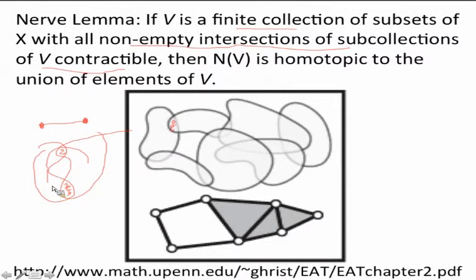So that object has very different homology. But if all the intersections are nice and contractible, then you do preserve the homology. In fact, you preserve something stronger. You actually preserve the homotopy. We're interested in the homology, so that's good enough.